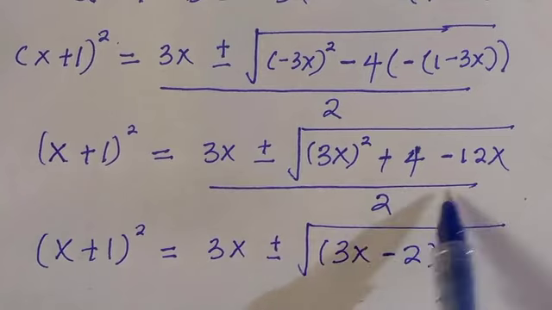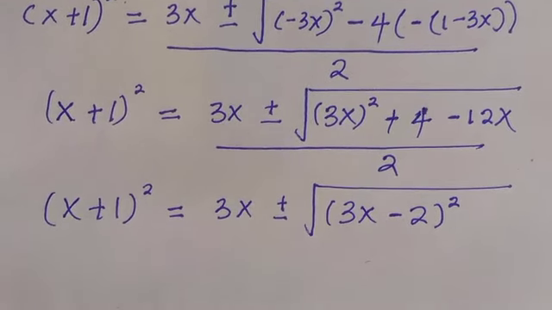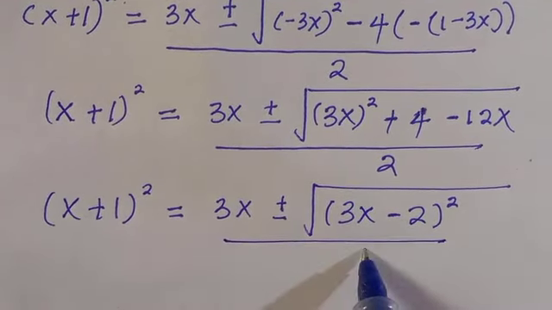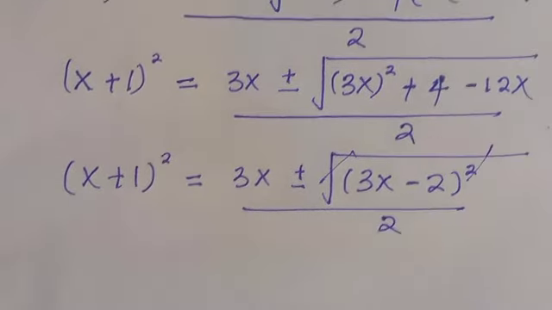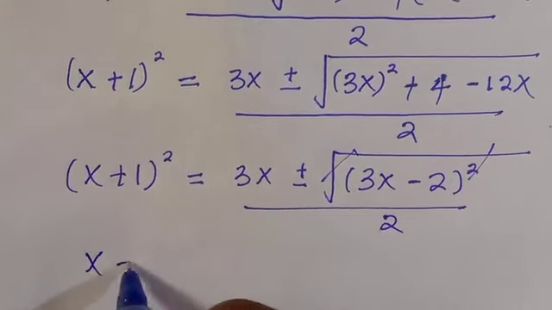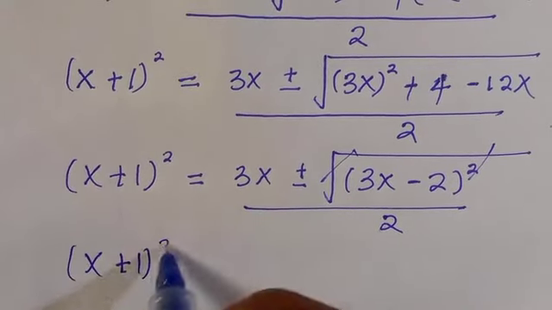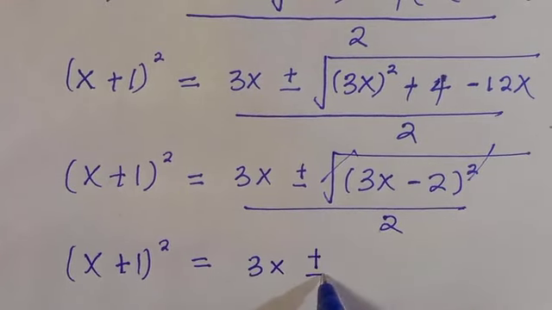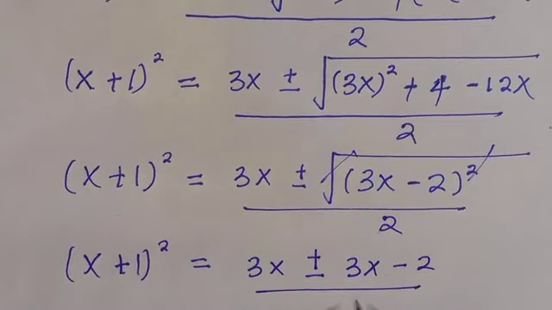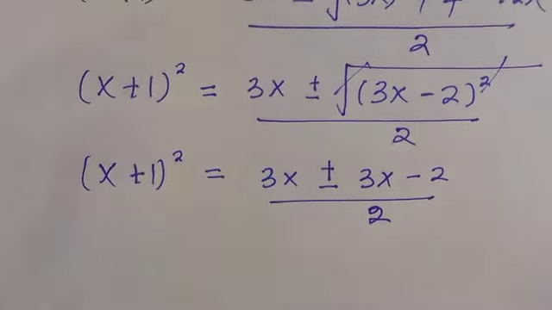When we expand this, we get this, and everything divided by 2. Therefore, this and this cancelled each other. When they cancelled, we are left with (x+1)^2 equals 3x plus or minus (3x-2), all divided by 2.